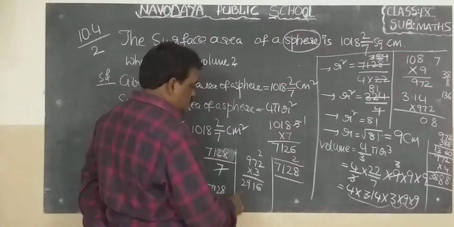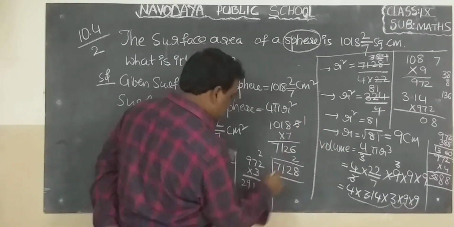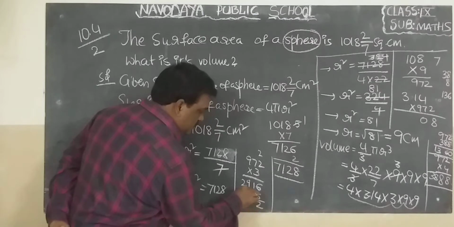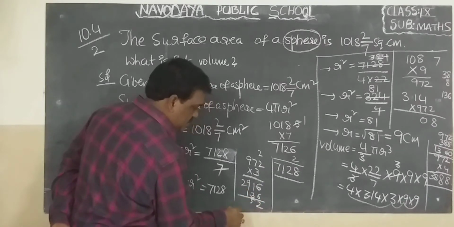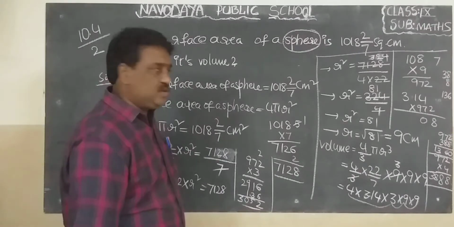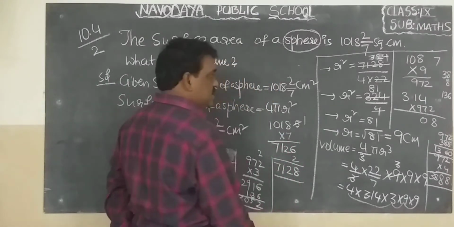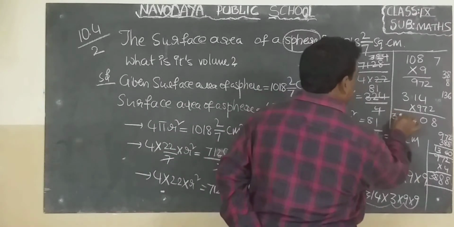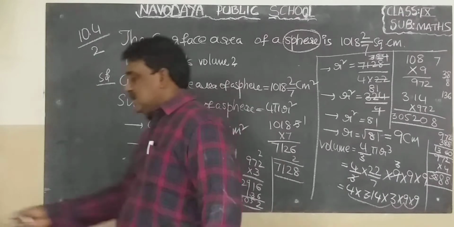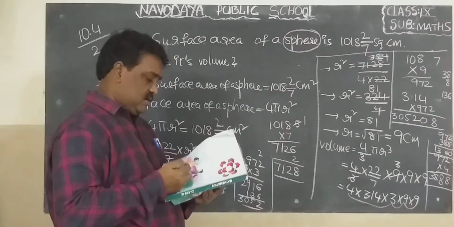So 2916 plus 1360 gives 3052. So what do we get? 3052. So the final answer is, what is the volume of the sphere?